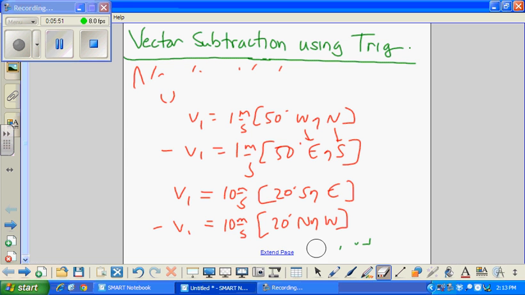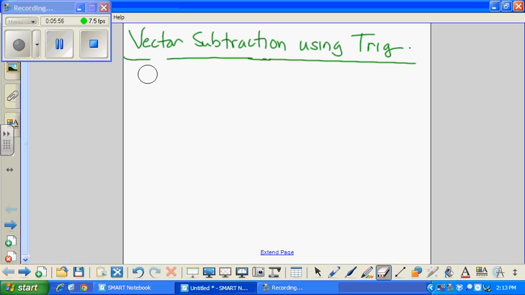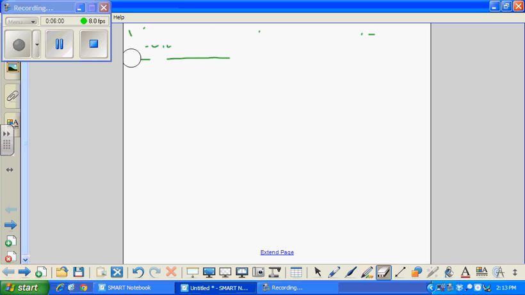So now let's do an example calculating acceleration using trigonometry. I'm just going to get rid of this title too for more space. Instead of writing out a scenario, I'll just give you some vectors and the time, and we'll solve acceleration.